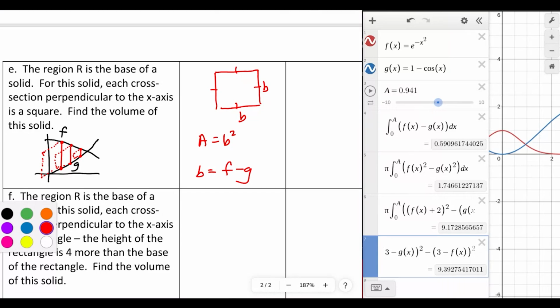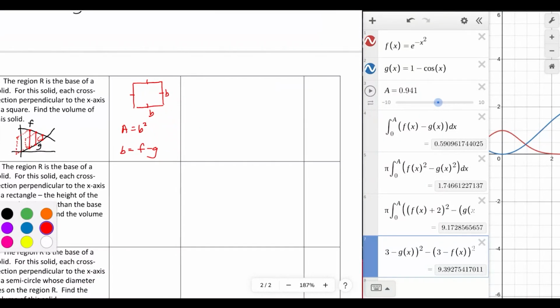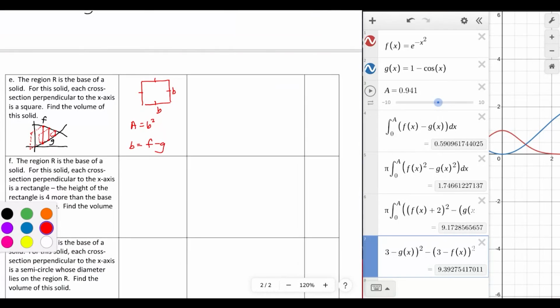All right, so now we're ready to find the volume. The volume is still going to go from 0 to a, which is that point of intersection. The area of this cross section, though, is not going to be pi r squared anymore because it's not a circle, it's a square. So it's just going to be the side length squared.